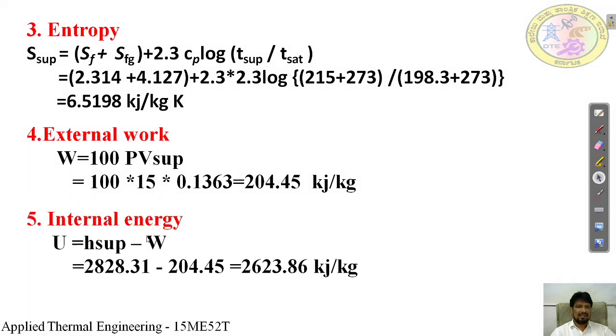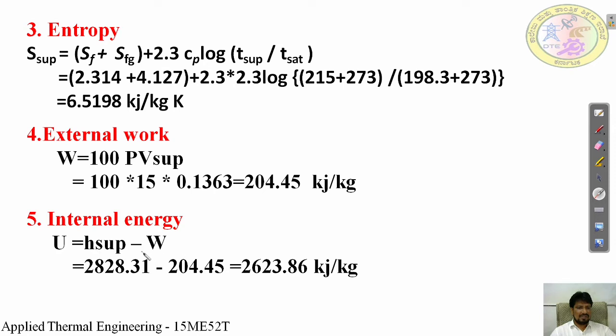Now finally, you calculate the internal energy when it is superheated. We know the formula: U is equal to H, the enthalpy of superheat, minus the work done during the superheat.